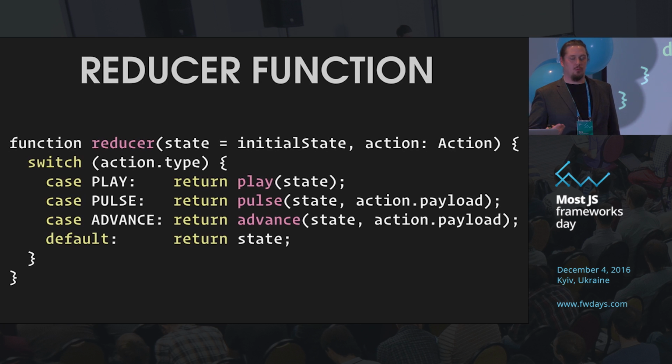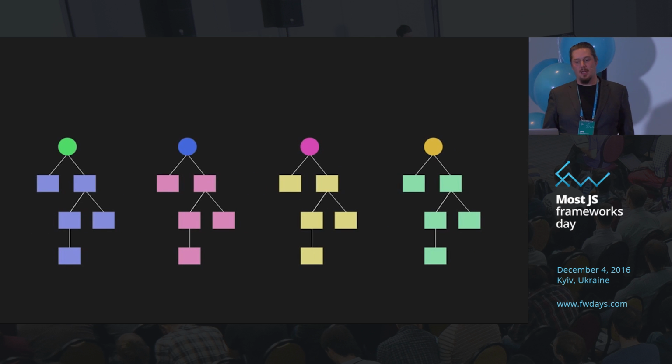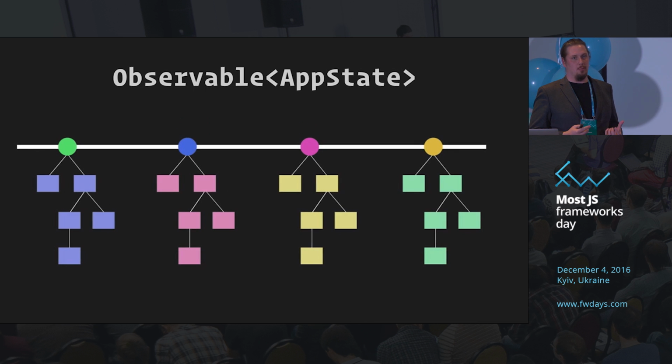And as we apply this reducer function many times over to successive values of the state, we get a timeline of values that the state takes on over time. This is something that is very naturally modeled as an observable, because observables are a great way to model some identity that takes on different values over time.